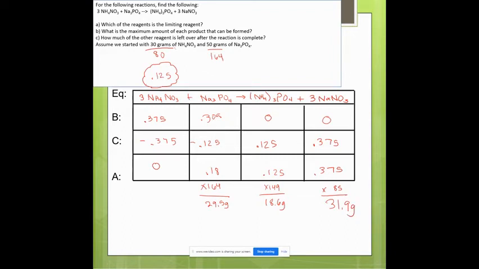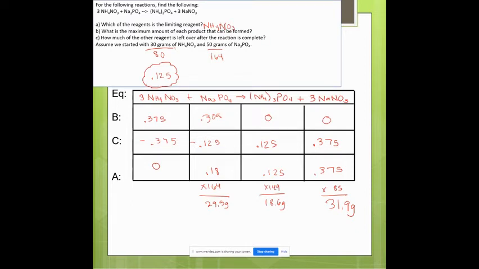So if we're looking up here, they wanted to know which reagent was our limiting reagent, and our limiting reagent ended up being our NH4NO3. They wanted to know the maximum of each product formed.